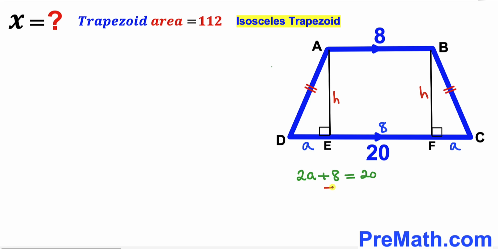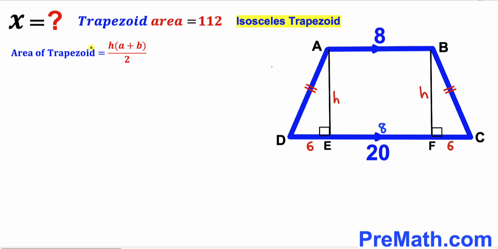Now we subtract 8 from both sides, so 2a turns out to be 12. Then I divide both sides by 2 to isolate a, and our lowercase a value turns out to be 6 units. So this is 6 units, and likewise this is 6 units as well.